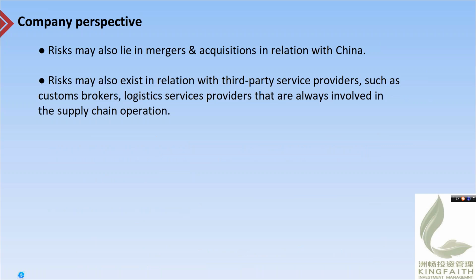A target company may have compliance problems or other customs liabilities that are yet to be exposed and will be attached to the buyer. For example, the target company has manufacturing plants in customs controlled zones and irregularities in their operations haven't been discovered by customs.